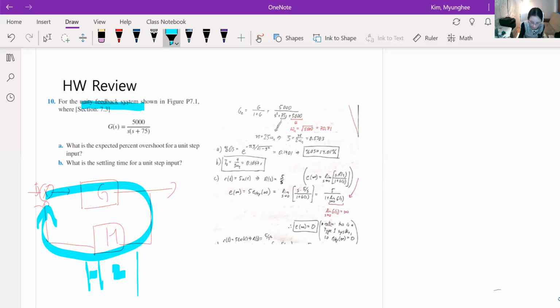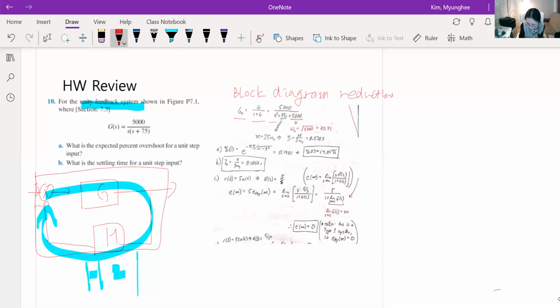And it asks about the system response of this total system. So we need to do block diagram reduction and calculate the closed loop transfer function using these equations.